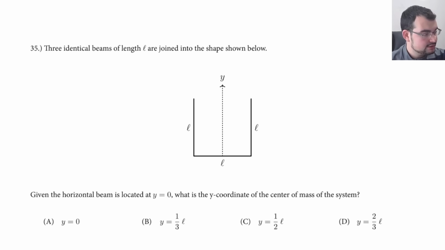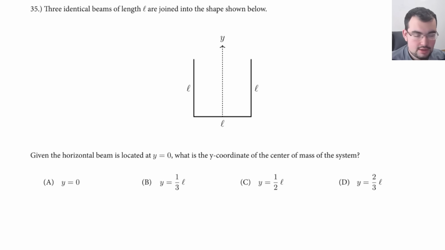All right, 3 identical beams of length L are joined into this U shape. The horizontal beam is at y equals 0. Where is the center of mass of the system? So these are all uniform beams. It has to be in P1. So we can do our famous trick with center of mass if we just shrink all of the objects into dots.